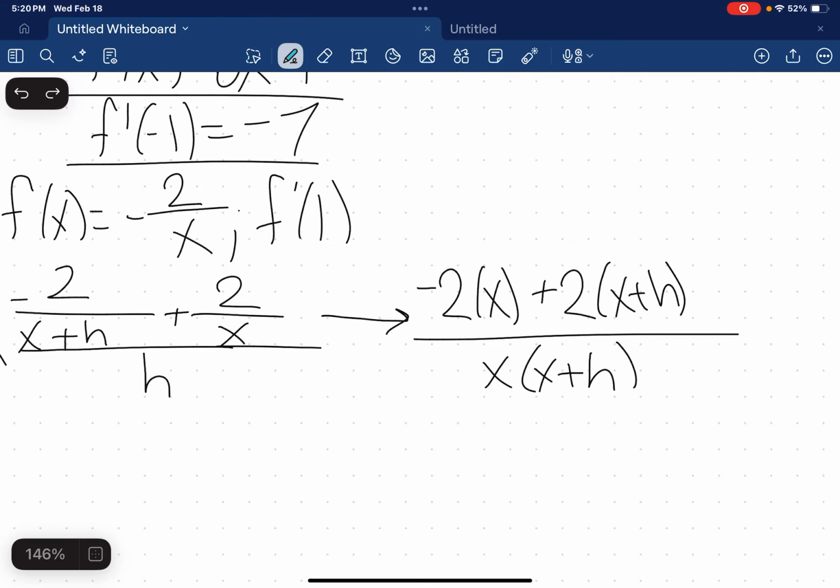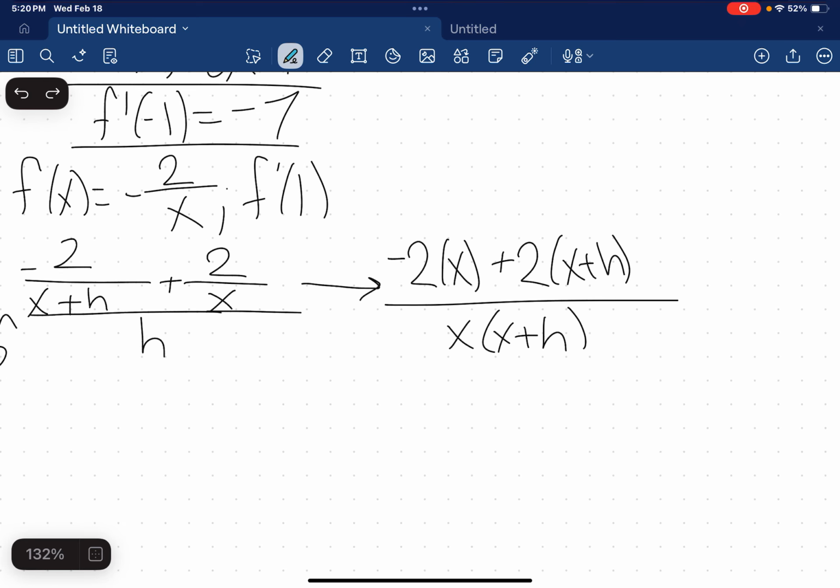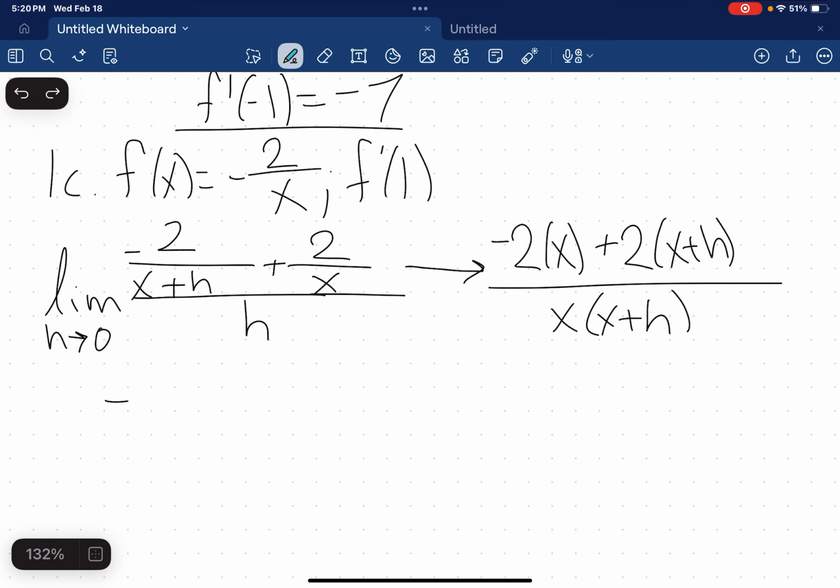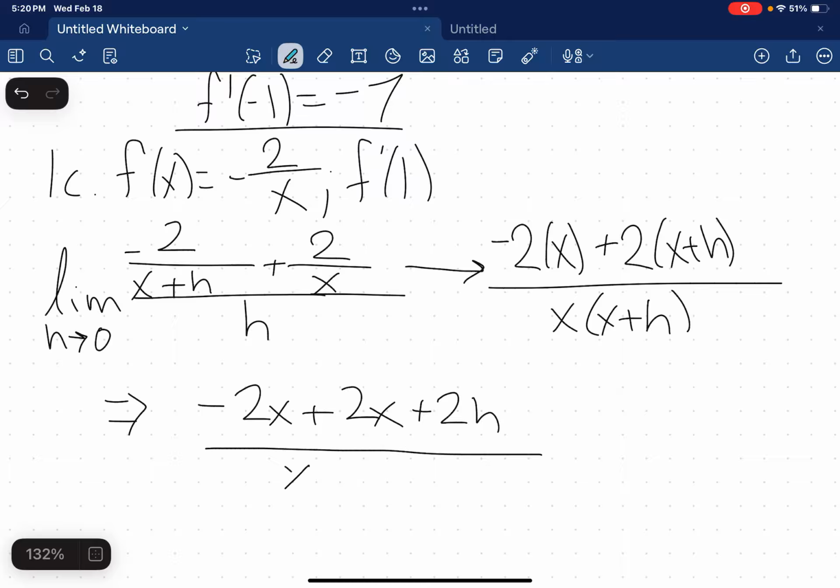Okay, now we're going to come back here. So now we have negative 2x plus 2x plus 2h over x times x plus h, divided by h.